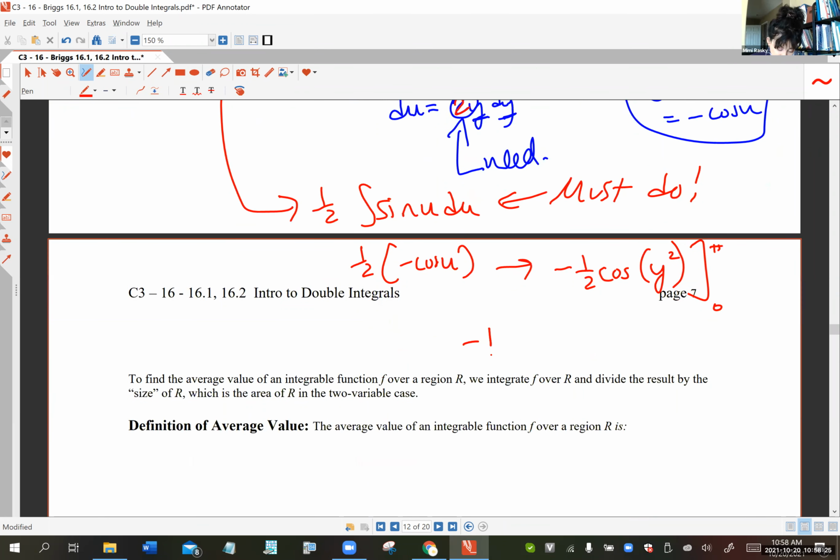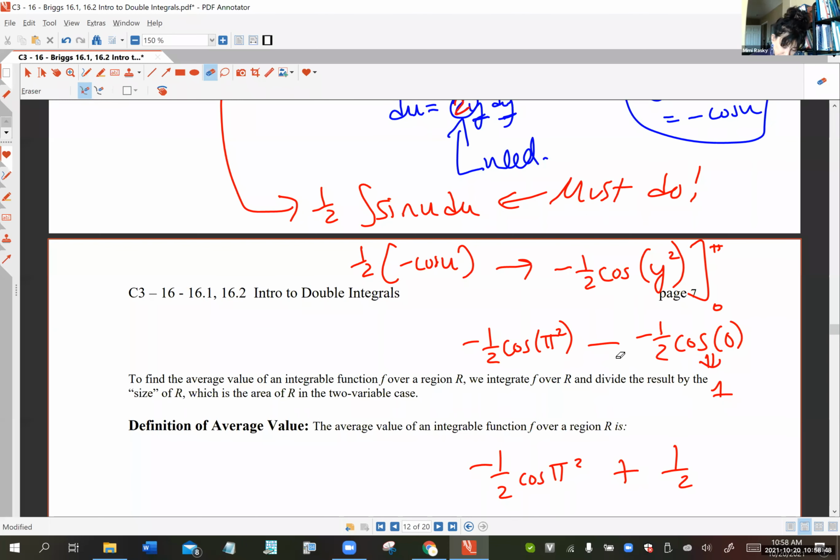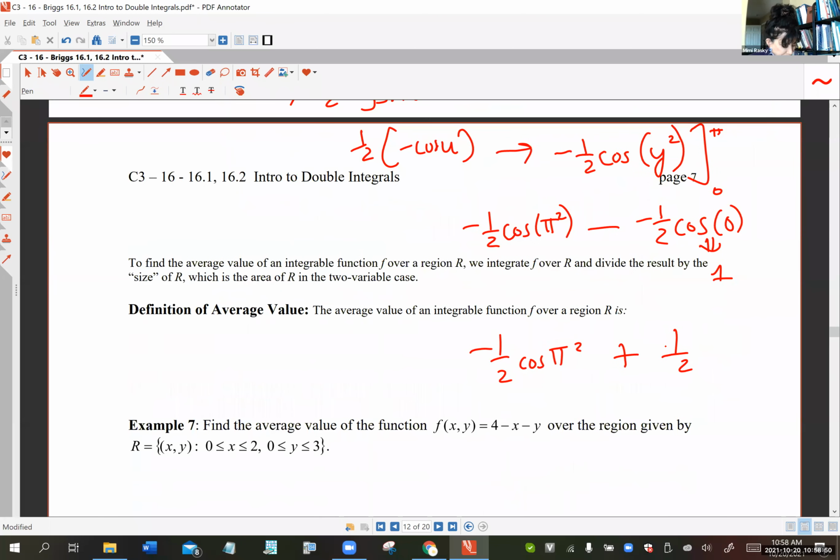So I go negative a half cos of pi squared, and I'm just going to leave that because that's some disgusting number, minus negative a half cosine of 0. Cosine of 0 is 1, and minus a minus is a plus, so you're going to have this plus a half. And I think that's the answer.